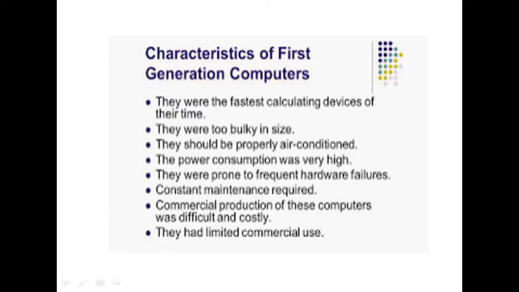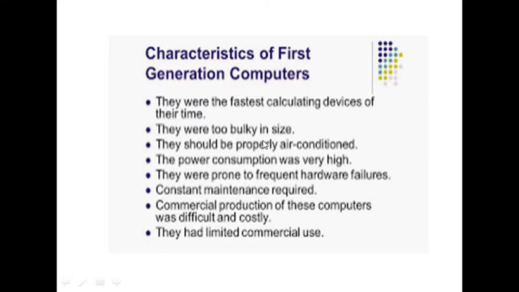The most important thing is that, here in this slide I think it is not written, but in the first generation of computers, vacuum tubes were used. Vacuum tubes were used in these kinds of computers, and as compared to the previous machines, this was the fastest calculating.